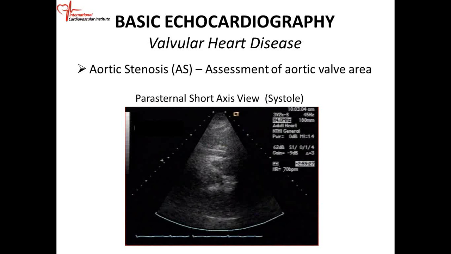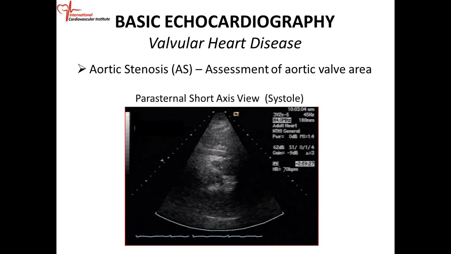The clinical burden of aortic stenosis is dependent on the effective orifice area, not the anatomic. So the prognosis is dependent on the effective orifice area. So even though we can do planimetry, we don't use it a lot, okay?